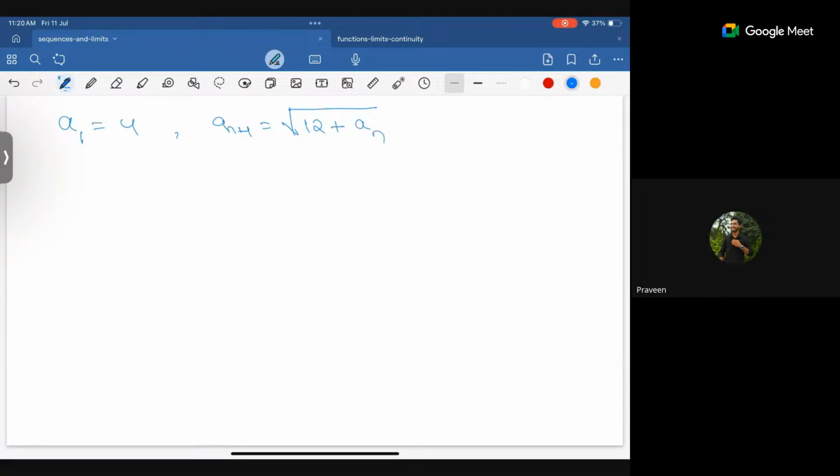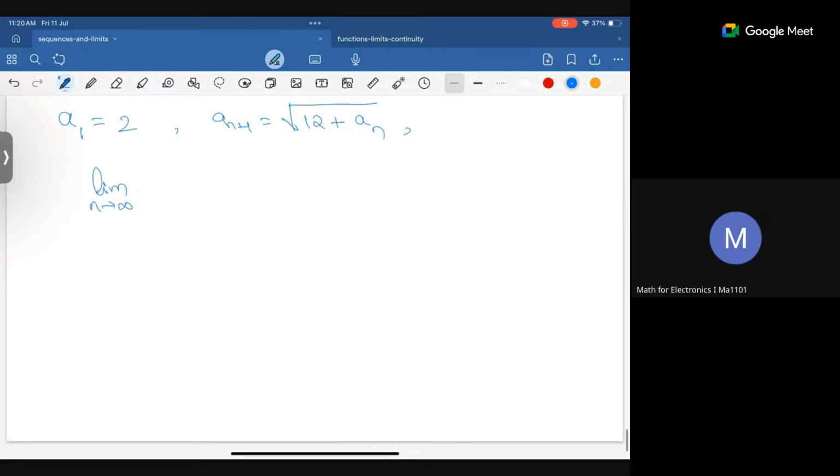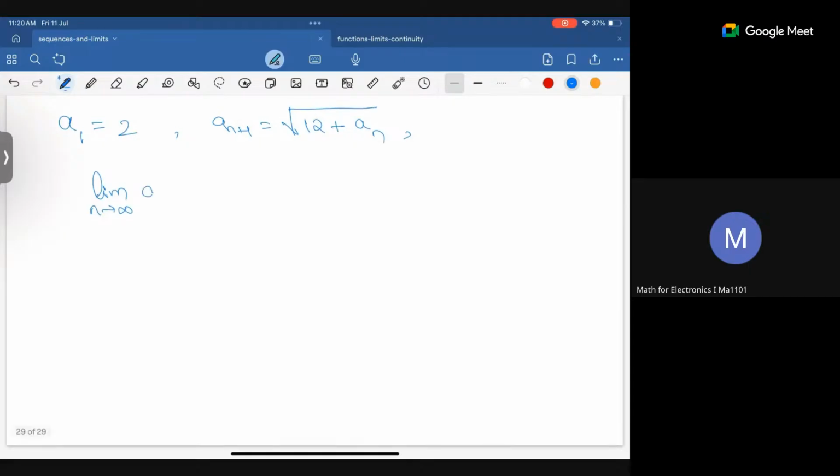I think a_(n+1) is square root of 12 plus a_n. Okay, something like this. So if you see this, how do I compute the limit of a_n as n tends to infinity?